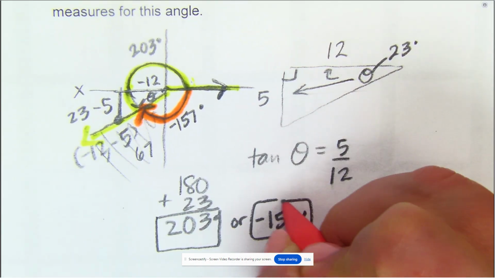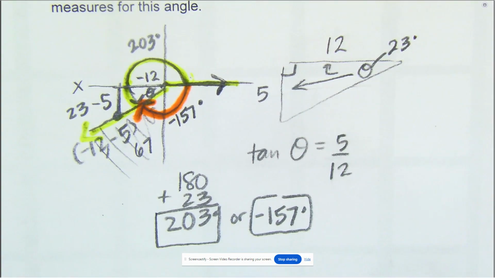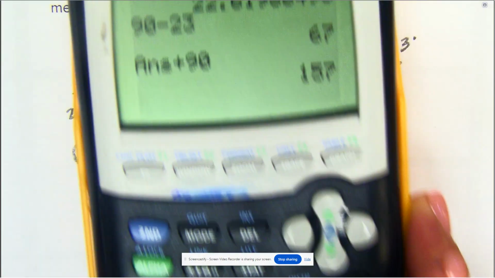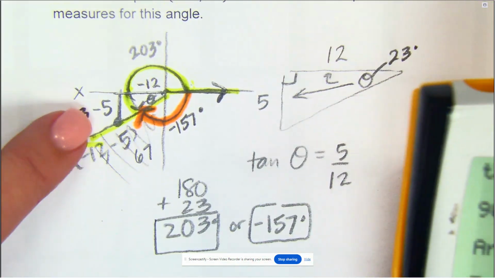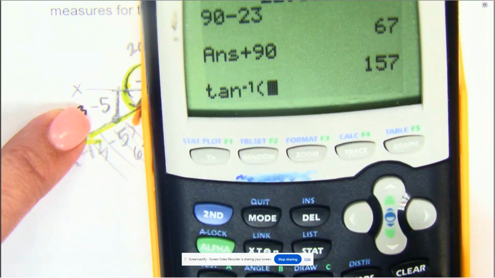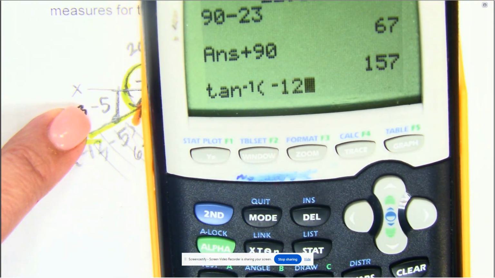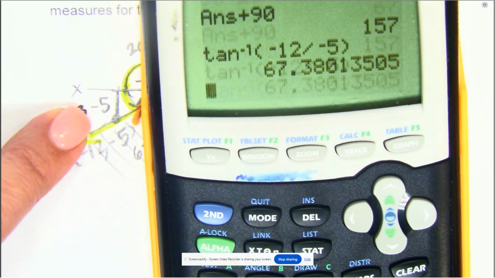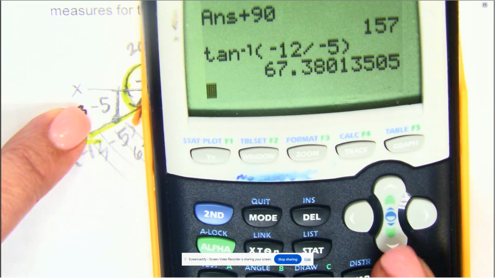Now let's just see, if you didn't ignore the negatives, what would the calculator give you? I want to just show you, it gets a little confusing. So let's pretend we'll leave the negatives on both. So we'll go second tan, negative 12 divided by negative 5. Oops, I did that backwards, sorry.